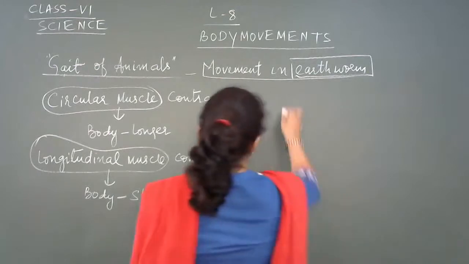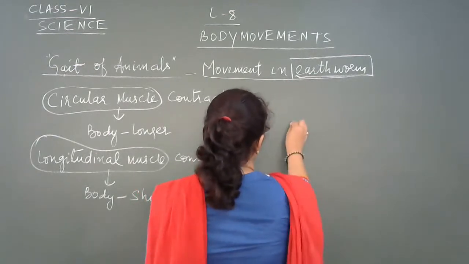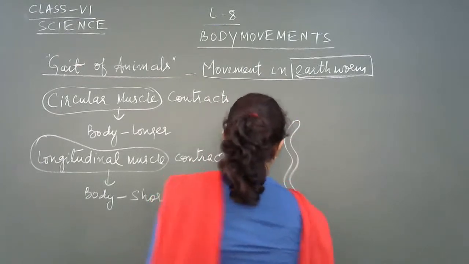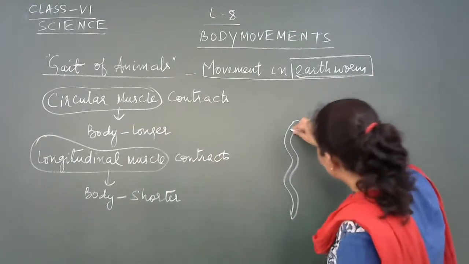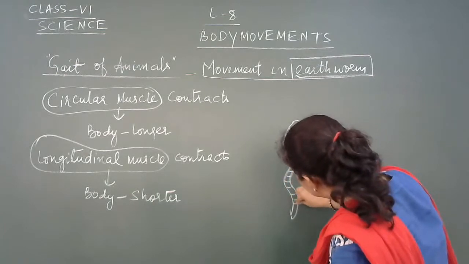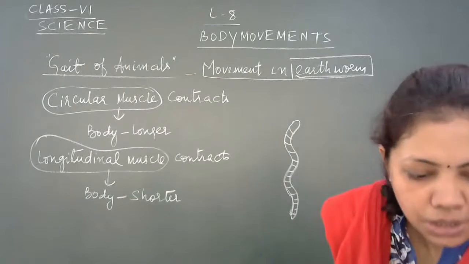So say for example, this I have drawn earthworm. Certain figure I have drawn, and you have to remember that its body is having circular and longitudinal muscles.